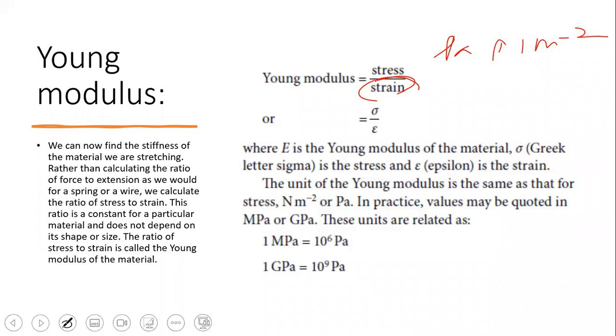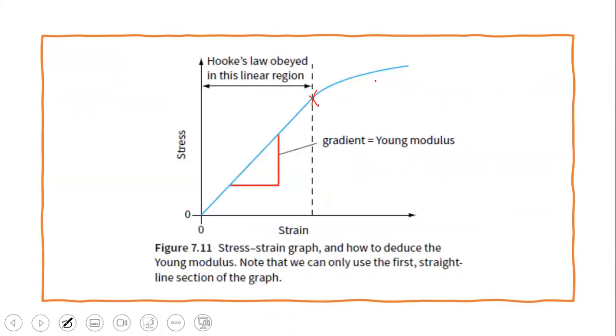Now, if you have a stress strain graph, you can simply go ahead and find out the Young modulus by finding the gradient of the line.